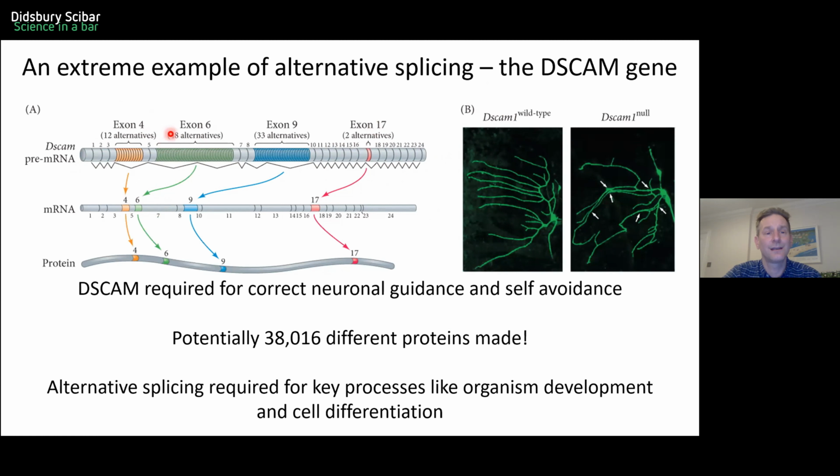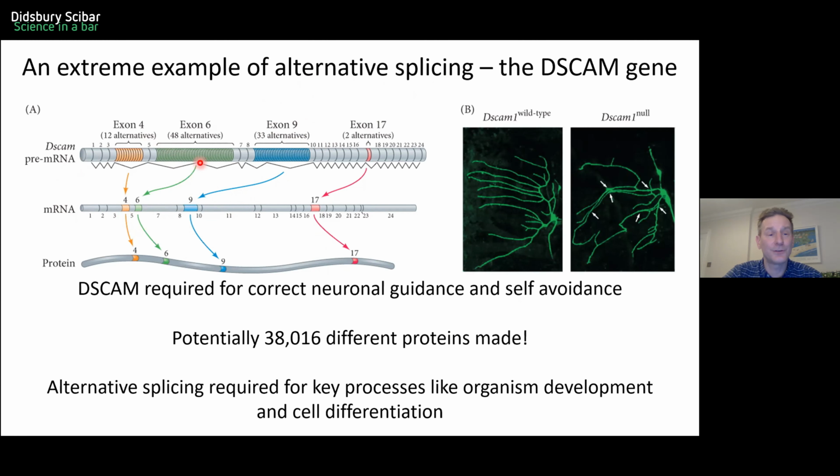These exons can be spliced alternatively. So every time you get a splicing, you only get 1 exon 4 in, 1 exon 6, 1 exon 9, and 1 exon 17. But say for exon 9, there are 33 alternatives that you could put into this position by this alternative splicing.